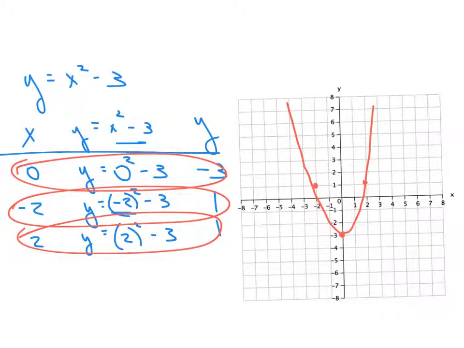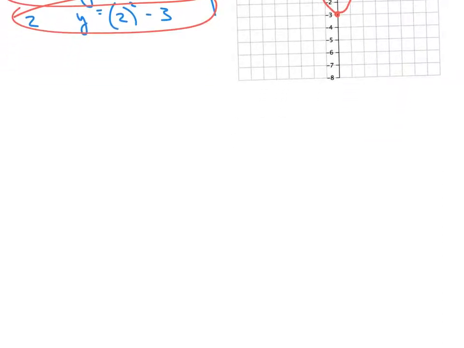Now if you look on page 627, you've got example 2, and bottom of page 627 you have example 3, and basically it's the exact same thing. We're just making that xy graph. So like example 3, y equals the quantity x plus 2 squared minus 3.